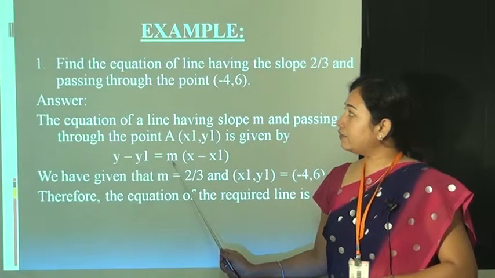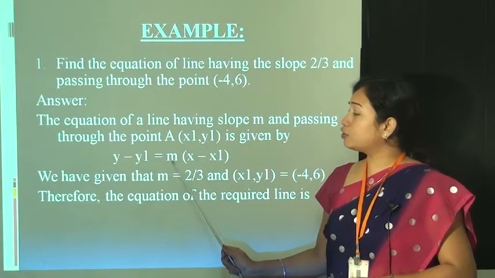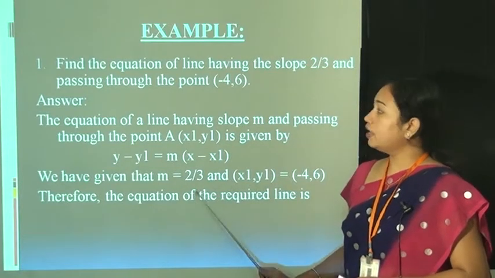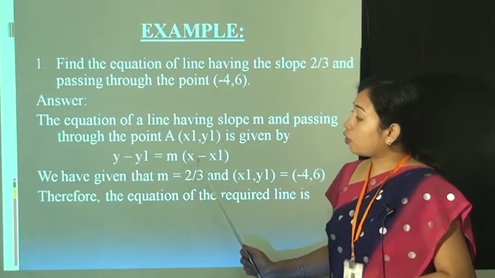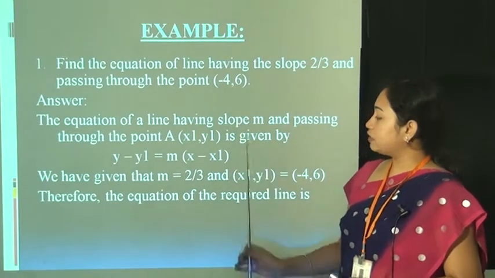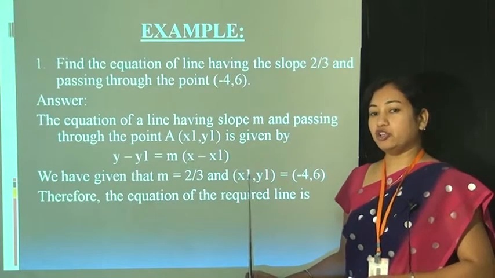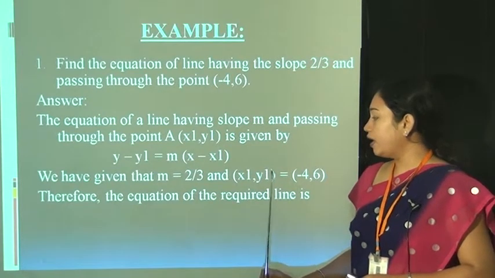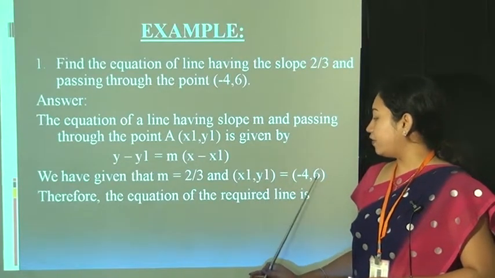Here the value of the slope is 2 by 3 and the coordinates of point A are minus 4 comma 6. That means x1 is equal to minus 4 and y1 is equal to 6.